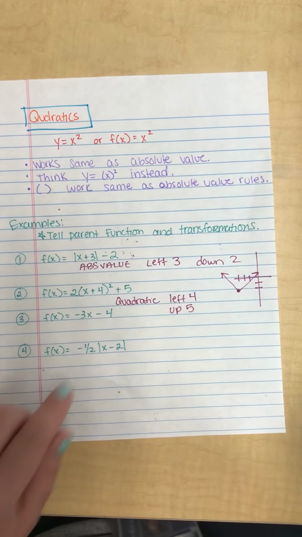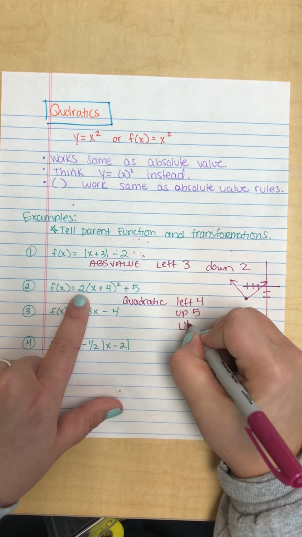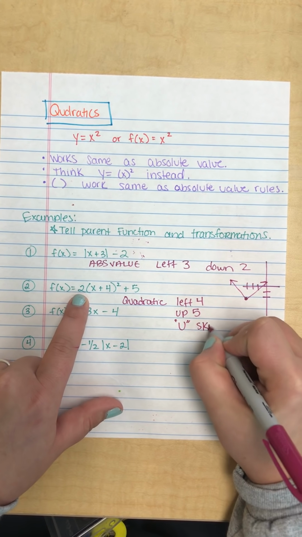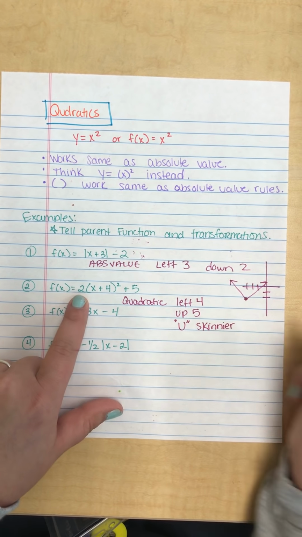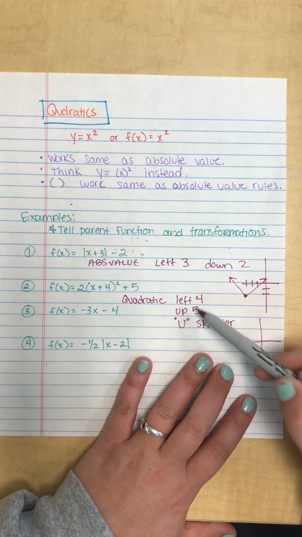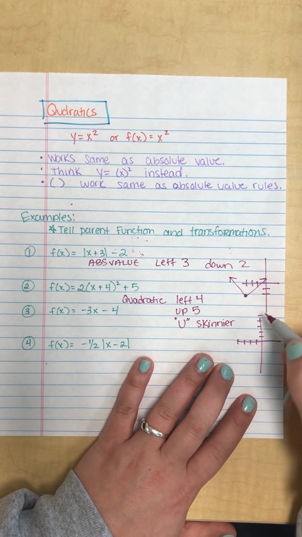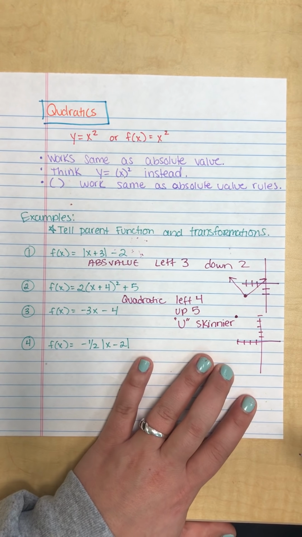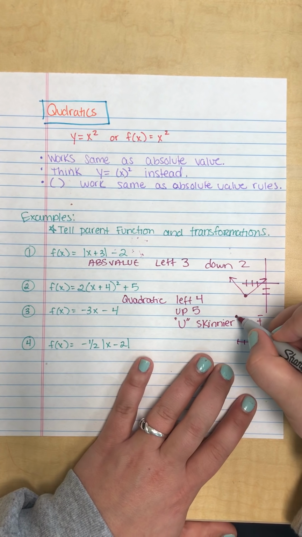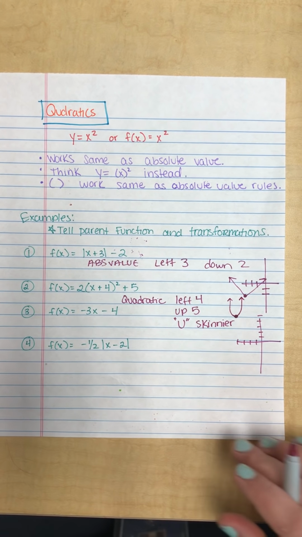Well, this is greater than 1, so in this case it's going to make the U skinnier. If I had to imagine my graph, my U is going to go left 4 and up 5. So 1, 2, 3, 4, 1, 2, 3, 4, 5. That's where my new vertex is. And it's going to be skinnier. So instead of being a nice wide U, it's going to look something like this maybe.